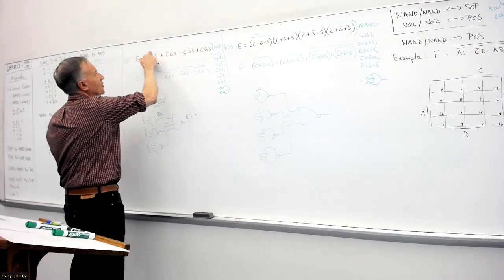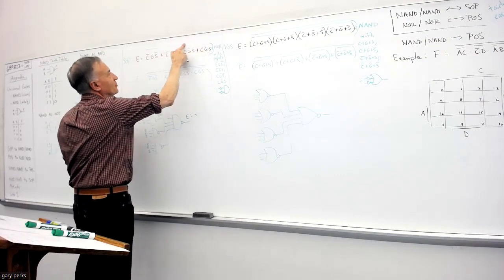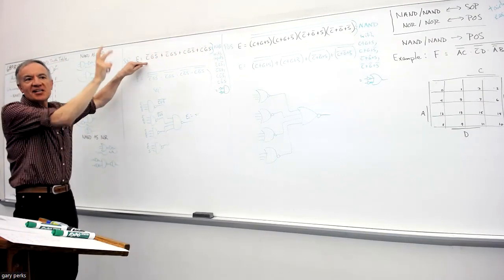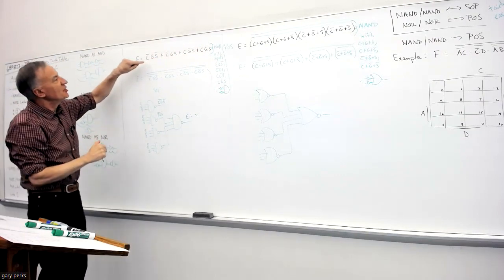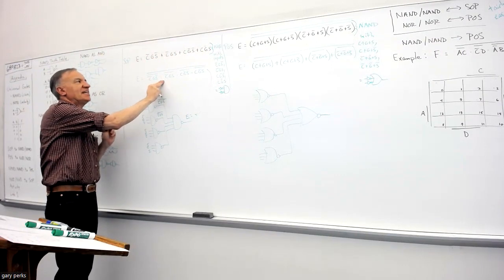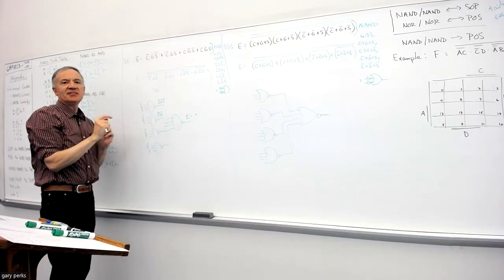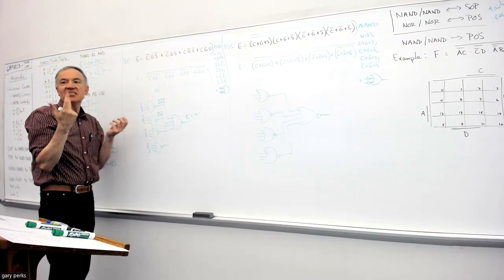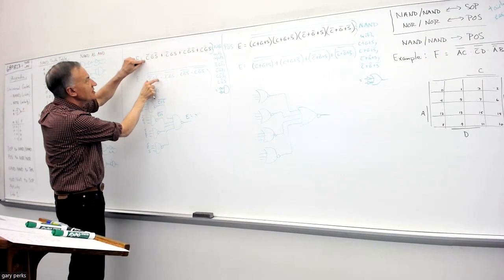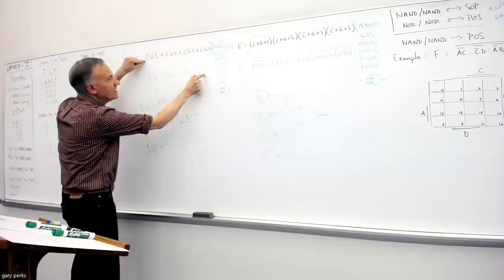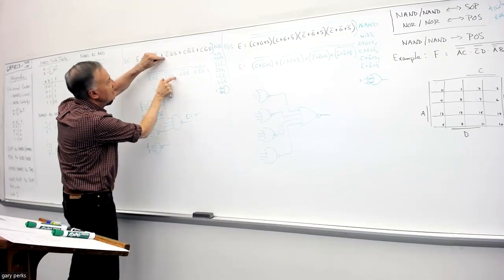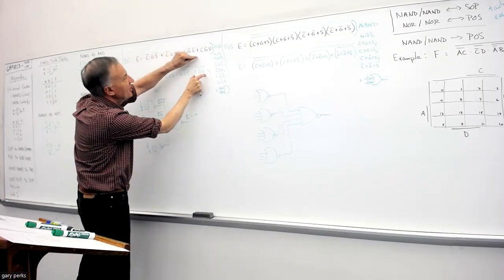okay, let's go back to what we started with here, right? Remember, we started with SOP and we had to do the double knotting and everything to do the derivation. But now, if you wanted to go from NAND to SOP, it's pretty easy to remember how to do it because look, these are the terms of the SOP, right? If I'm looking at my NAND expression, these are the same terms as in my SOP.